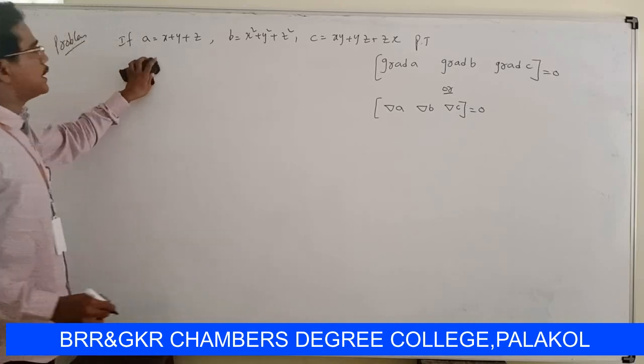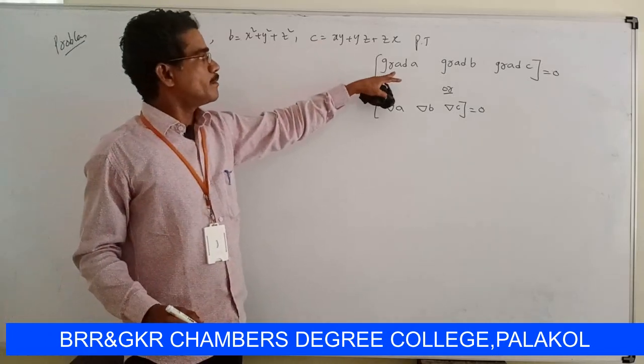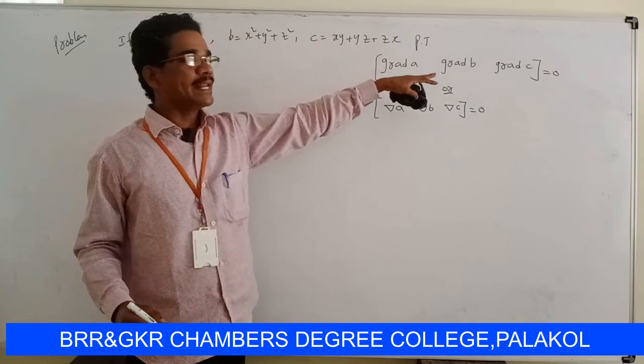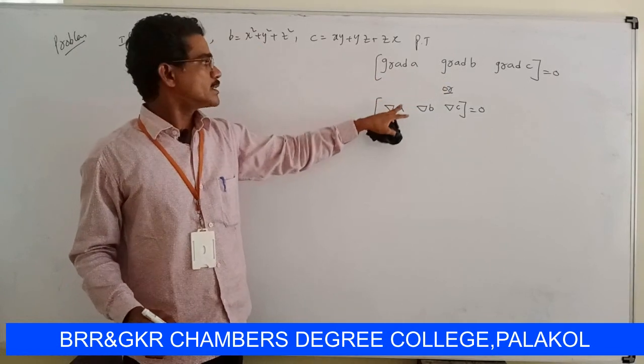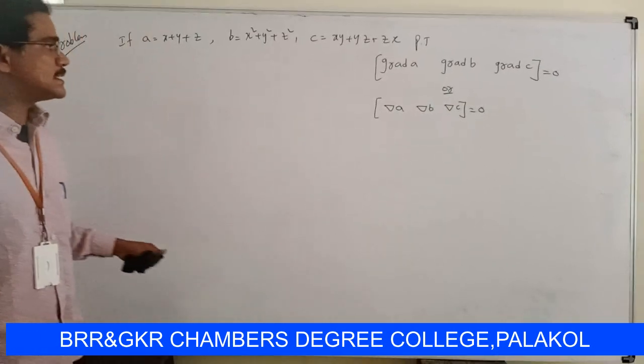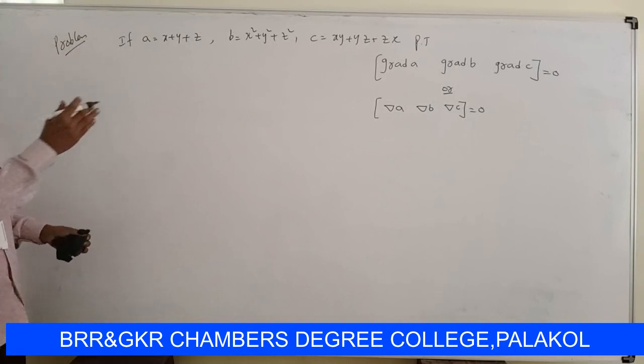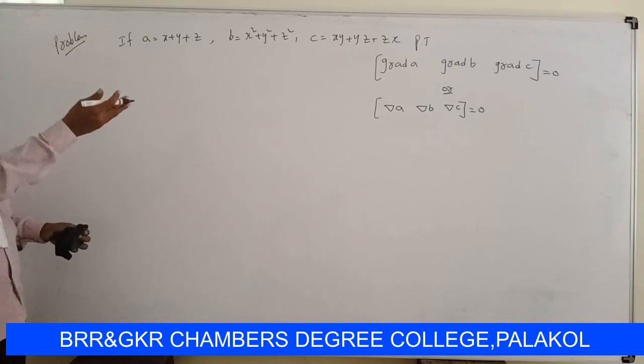Here given a, b, c, then prove that box of grad a, grad b, grad c equal to 0, or simply box of del a, del b, del c. What is del? Del means a gradient of a and gradient of b and gradient of c.